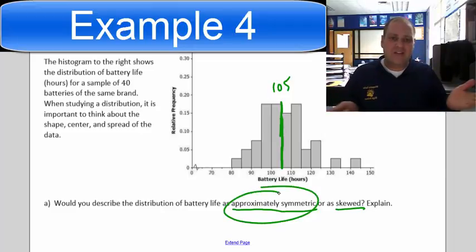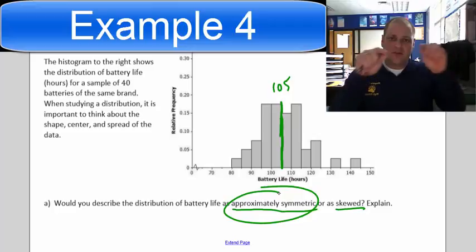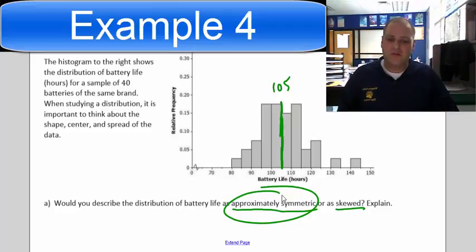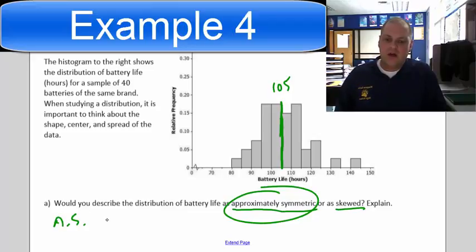Not exactly symmetric, because exactly symmetric means you have to have exactly the same number on both sides. So it's approximately symmetric. And we would just say both halves are similar. So this says explain, so I would say approximately symmetric because both halves are similar.